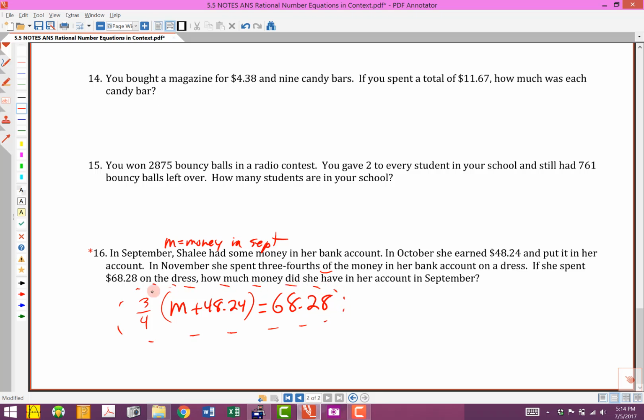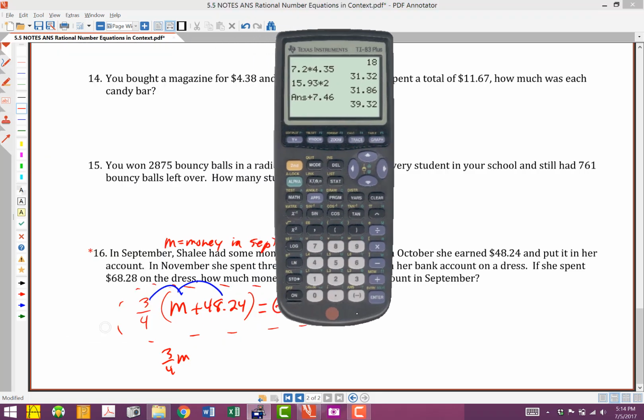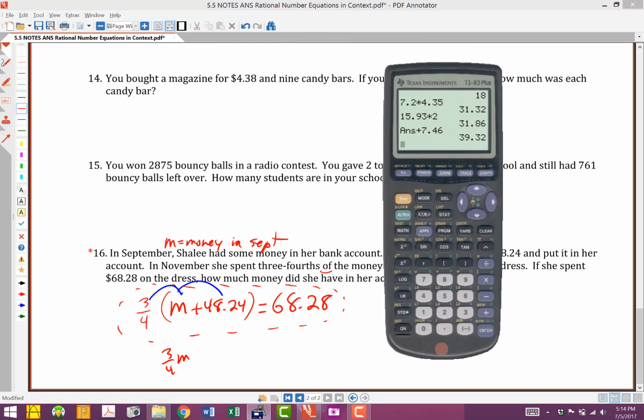So we get credit for translating the information correctly, and then we want to go through and solve. There are a couple of different things that we can do here. I'm going to go ahead and distribute. This gives us 3/4 M, and then let's figure out what 3/4 of $48.24 is.